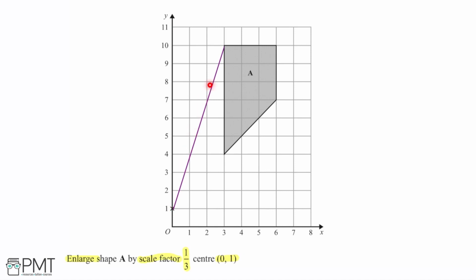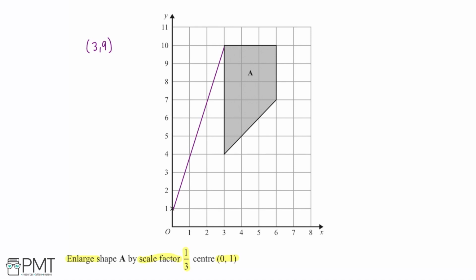So for this line that I've just drawn in here, we've basically gone 3 across on the x-axis, so an increase of 3 on the x-axis, and then 9 upwards in the y-axis. So if we've had a kind of movement of (3, 9), if we were to write that in coordinate form, and we want to enlarge this shape by a scale factor of a third, we can multiply this by a third to find the new coordinate of this point.